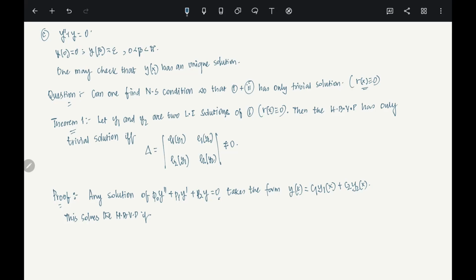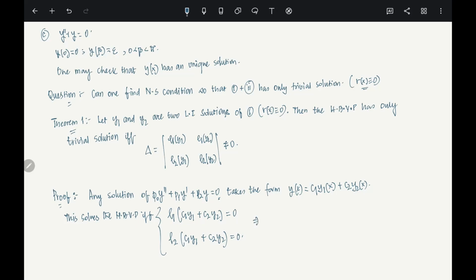So basically, this solves the homogeneous boundary value problem if and only if L1 of c1 y1 plus c2 y2 is 0, and L2 of c1 y1 plus c2 y2 is 0. Yes, I think this is clear. Why does this have to be the case? Because if L1 of y has to be 0, L2 of y has to be 0. That's the condition. And if y looks like this, then this is true.